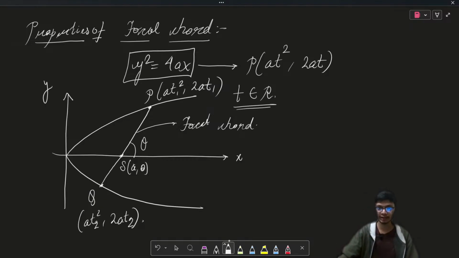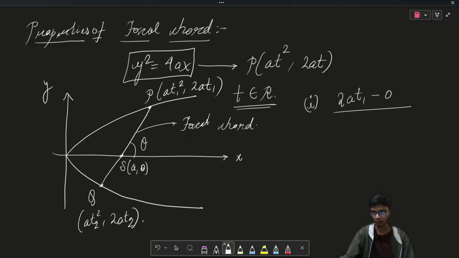So if we have this, then the very first thing that we need to observe is that if the chord joining P and Q is the focal chord, then if you check the slope of the line, or the collinearity condition of P, Q and S, you will obtain some relation by the collinearity condition. That is, the slope will be continuous for PS and SQ, right?